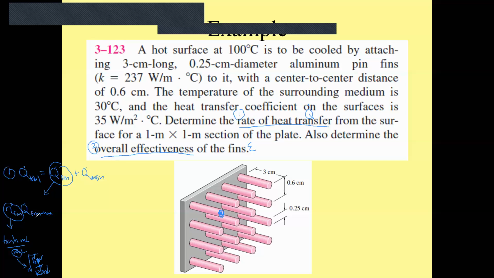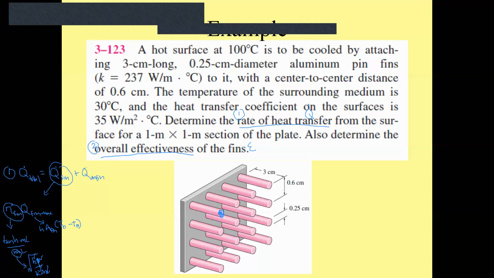So this second term here, how do you find this? This is given by h A fin. This is the area of all fins times the temperature difference between the surrounding and the base temperature.